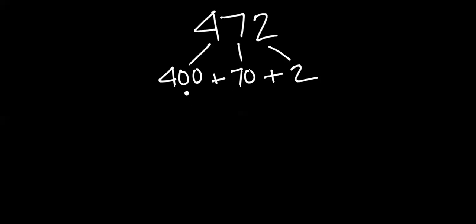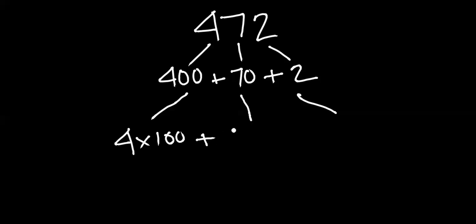If we take this one level deeper and look at these numbers 400, 70 and 2, this is the number 4 times 100 plus 7 times 10 plus 2 times 1.